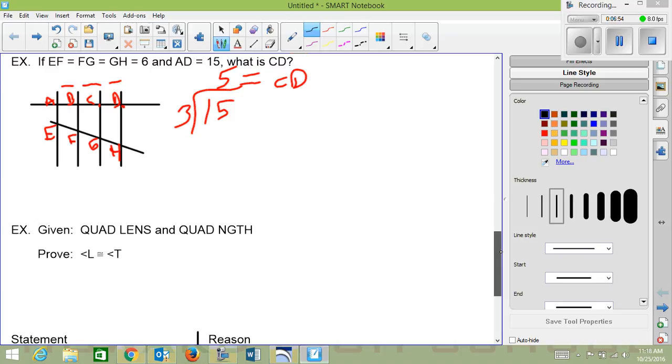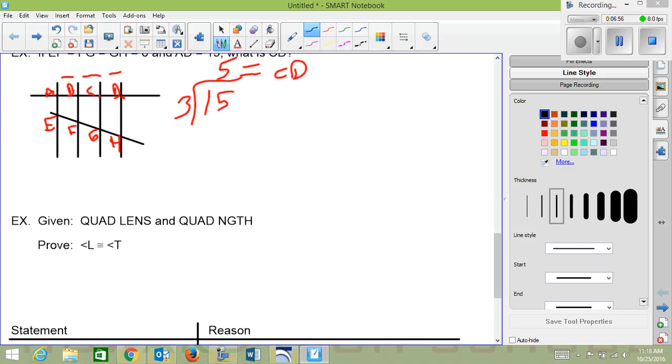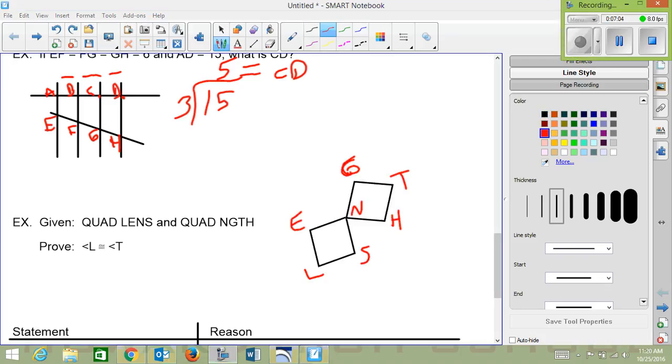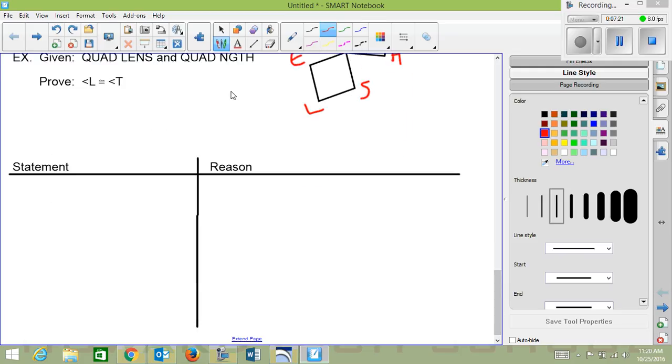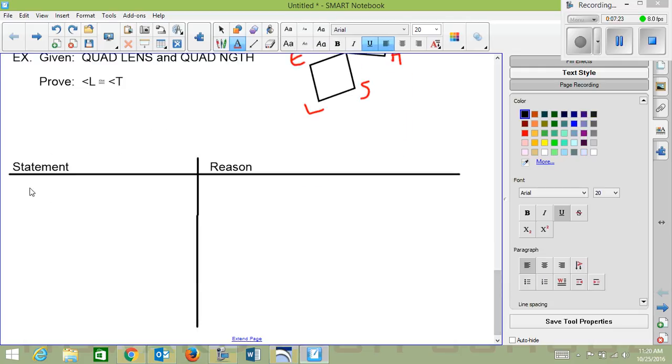For this last one, given quadrilateral LENS and quadrilateral NGTH, you want to prove that angle L equals angle T. There's the drawing that goes with this one. LENS and NGTH are quadrilaterals, and I want to prove that angle L is congruent to angle T. Going through the steps here.